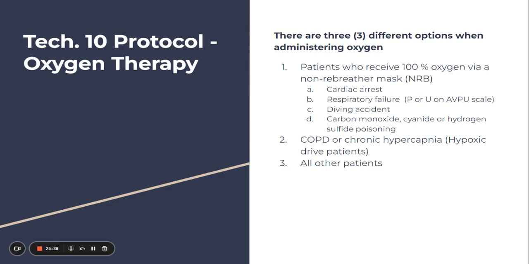So an increase in CO2, so we've retained CO2, will trigger our bodies to then take in O2, to breathe. But when we have disease states, such as COPD, where we trap that CO2, or other disease states that retain CO2, since we're so chronically high, our bodies change, and the driver for respiration will then become the low levels of O2.